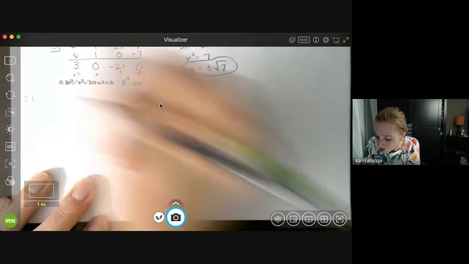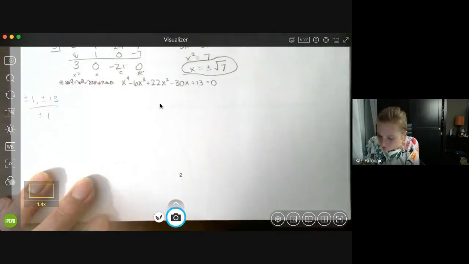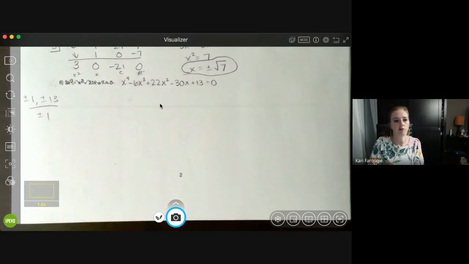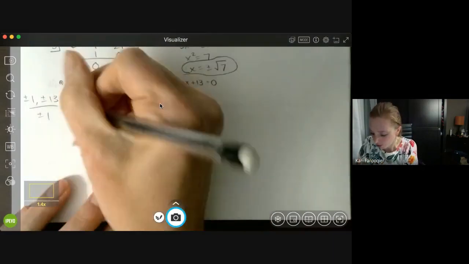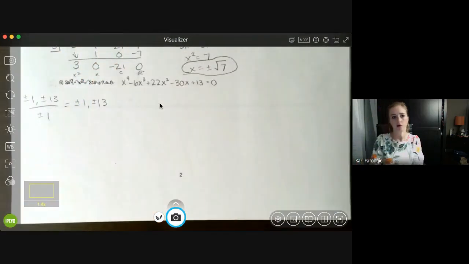Okay, let's look at the possibles. These are plus or minus 1, plus or minus 13, divided by plus or minus 1. So not too many here to worry about. We're just looking at plus or minus 1 and plus or minus 13. Now, this is only 4.